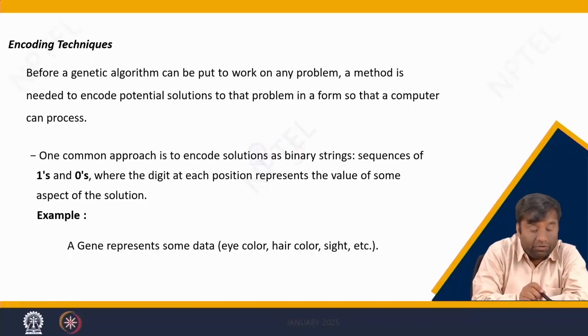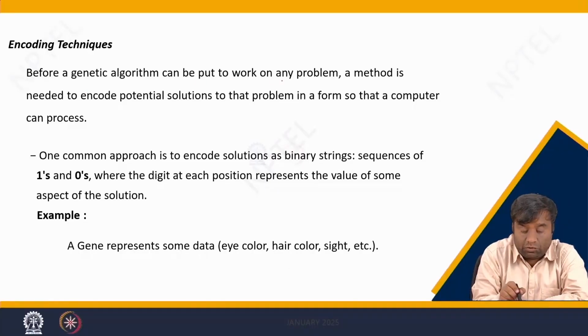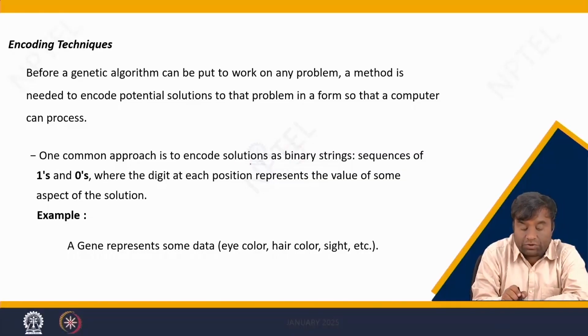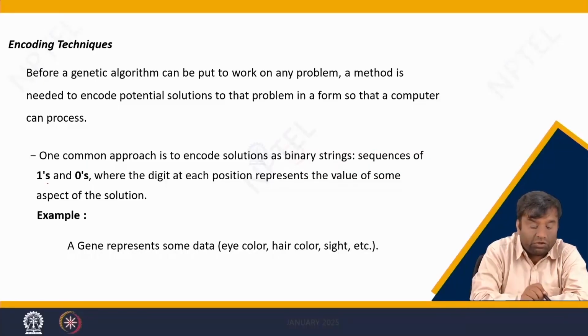Now, encoding. Before a genetic algorithm can be put to work on any problem, a method is needed to encode potential solutions to that problem in a form that a computer can process. One common approach is to encode solutions as binary strings, that is, sequences of ones and zeros, where the digit at each position represents the value of some aspect of the solution.